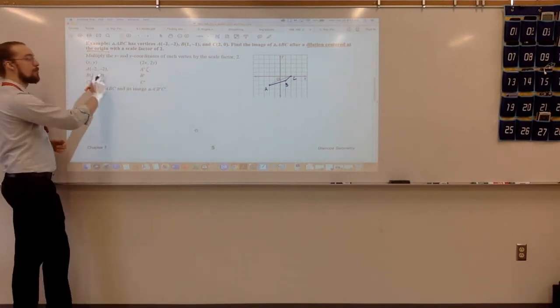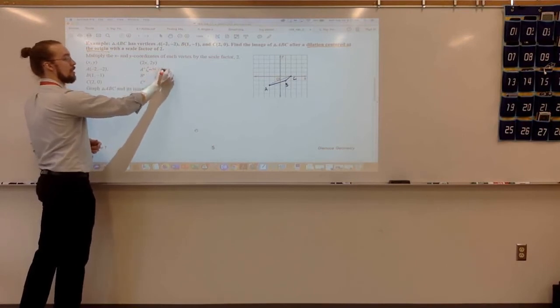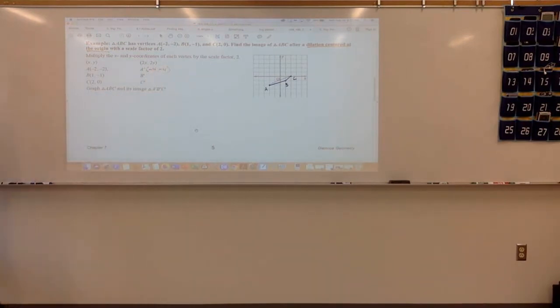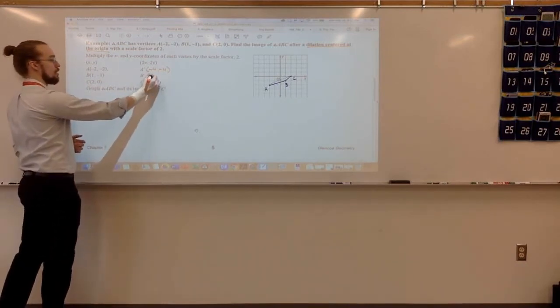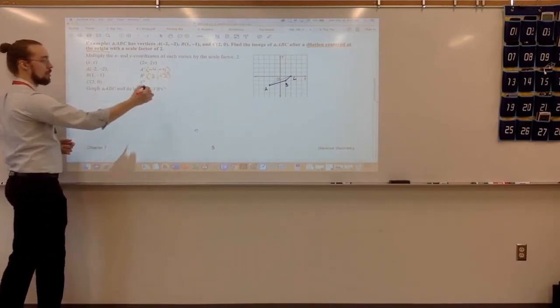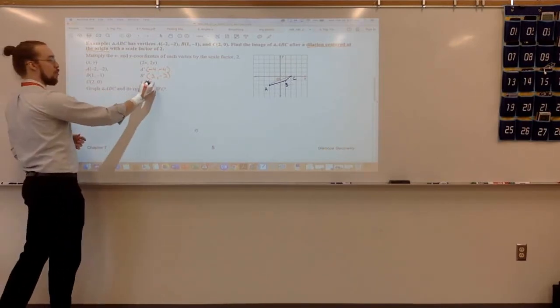So my new A prime, if I multiply each of these by 2, is going to be at -4, -4. My new B prime is going to be at 2, -2. And my new C prime is going to be at 4, 0.